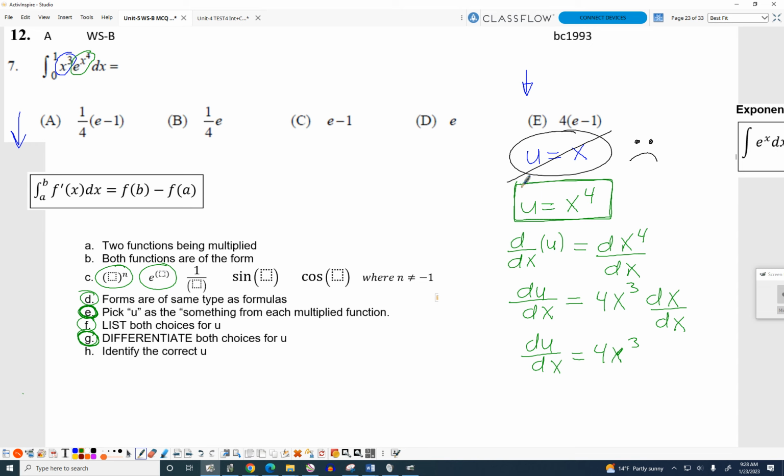The derivative of our choice, right here. You can ignore the 4 because it's just a multiplying constant. Is the derivative of our choice exactly the same as the other multiplying function? Other than the 4, exactly the same, 2 points. That's really good news. That means this is highly likely to be the correct choice for U.